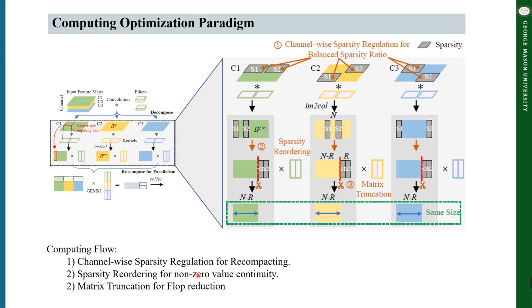Then we do the sparsity reordering to merge the sparsities on each feature map together to get continuous non-zero values. Then we do the matrix truncation to remove the sparsity and get a much smaller feature map matrix. Then we recompact them together to do the general matrix multiplication.